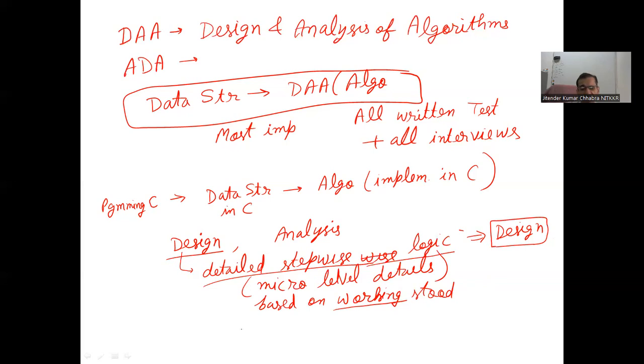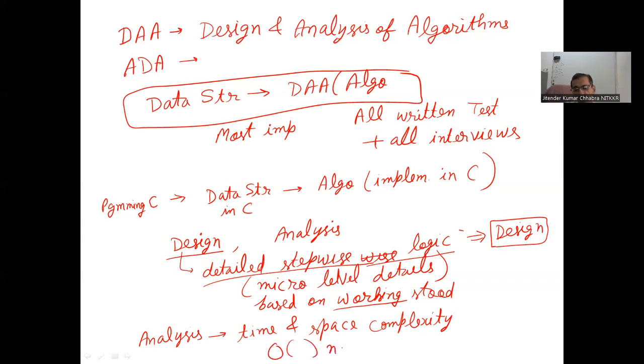And then comes the second aspect, which we mean by analysis. Analysis means primarily time and space complexity analysis. So time and space complexity computation will be done. Again, last semester in data structures, you have probably discussed something related to big O complexity notation.